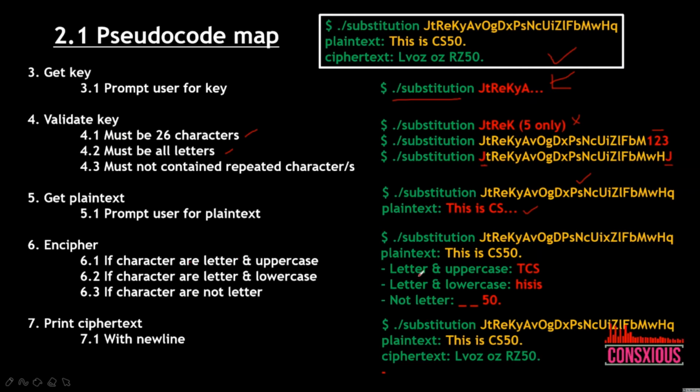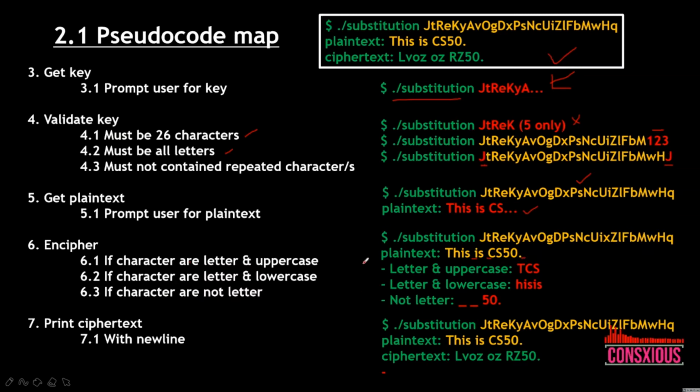For example, this is CS50, and we pick it up from here. The uppercase letters are TCS, the lowercase letters are HISIS, and the non-letters are the 2 spaces here and 1 dot here.